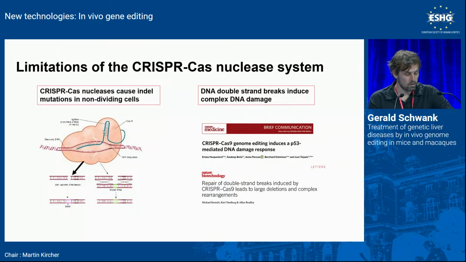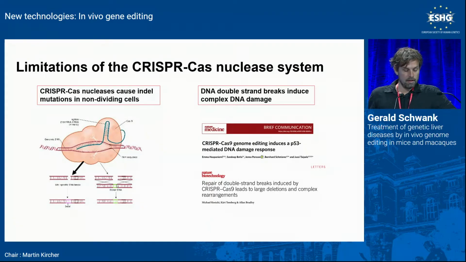Now, unfortunately, in most cell types, DNA double-strand breaks are not repaired by homologous recombination, but rather by non-homologous end joining pathways, which are relatively imprecise and therefore often generate small insertions or deletions. So in most cell types, CRISPR-Cas nucleases are very efficient at generating small deletions and therefore gene knockouts, but extremely inefficient at introducing precise DNA changes.